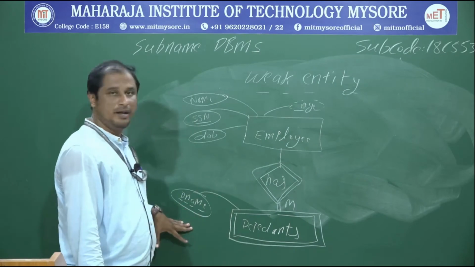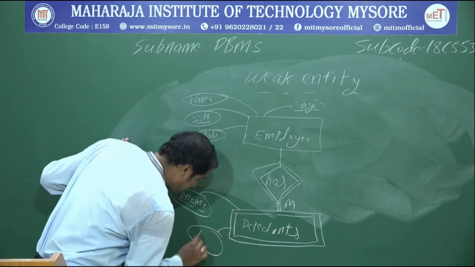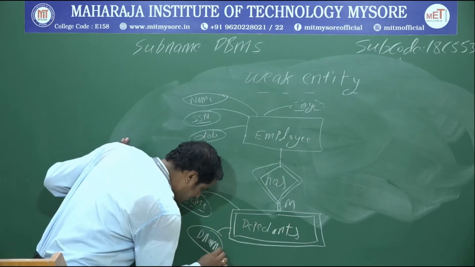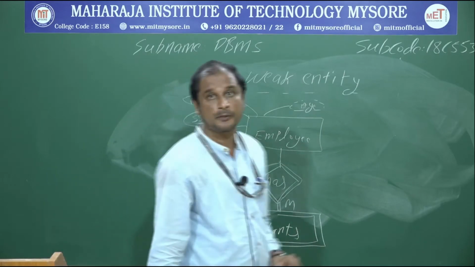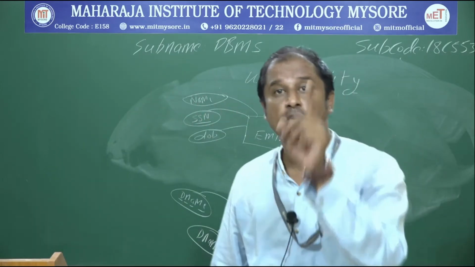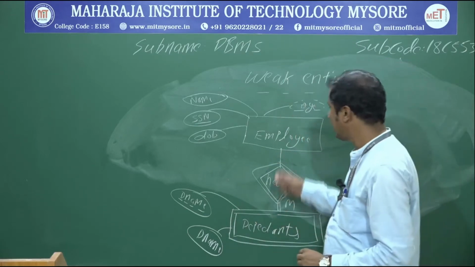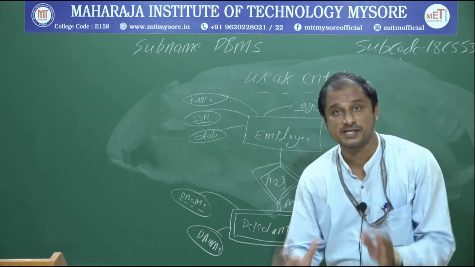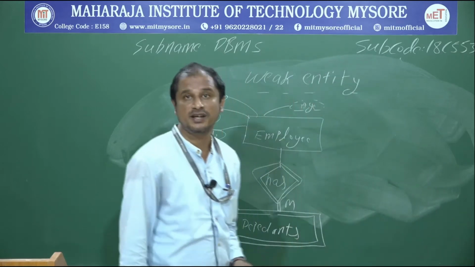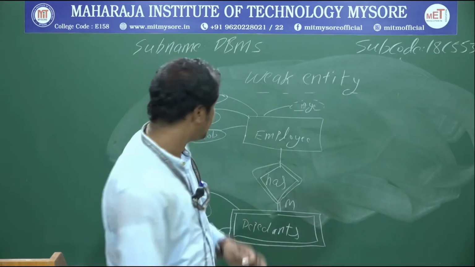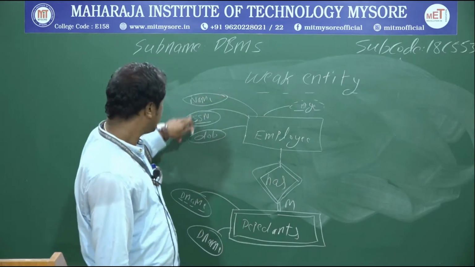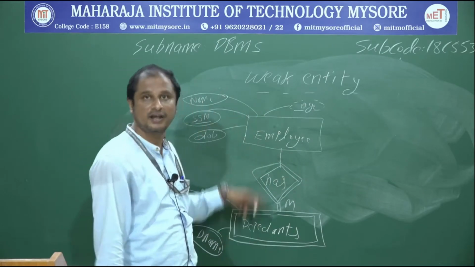So here, Dependent is completely dependent on the strong entity called Employee with SSN. That is, Employee has a unique key that is specified. So the employee SSN identifies the dependents.